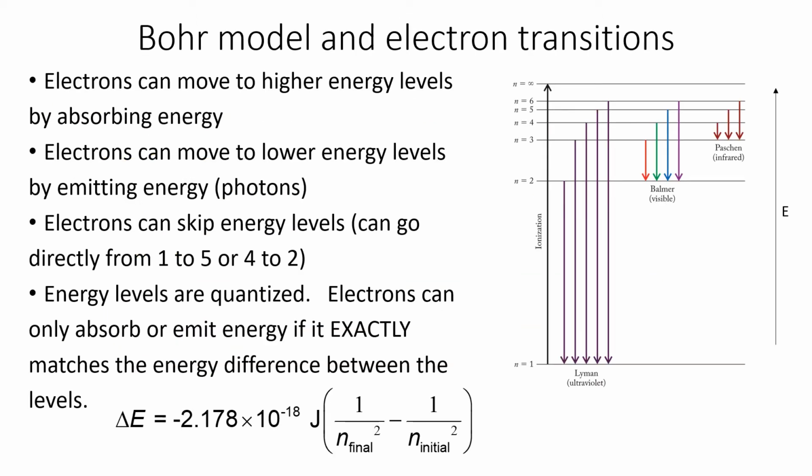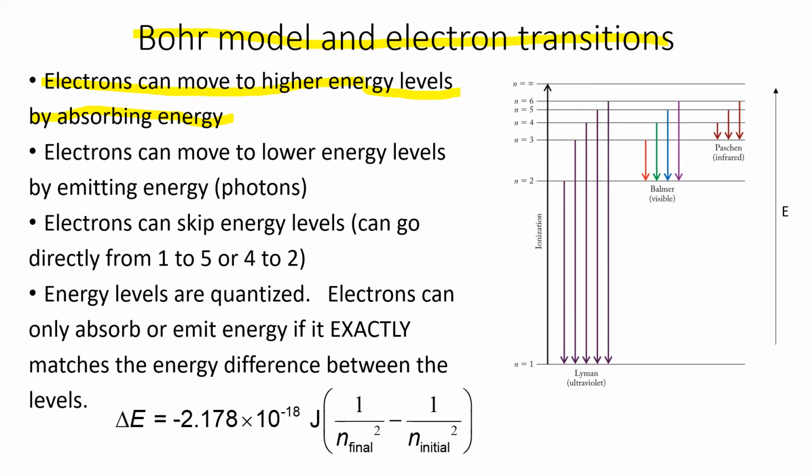So let's go ahead and talk about what the Bohr model really means. The Bohr model really deals with electron transitions. And what the Bohr model says, and I have a diagram here on the right that we're going to be looking at as well, is that an electron can move to higher energy levels by absorbing energy. And it makes sense. Things are naturally going to tend towards their lowest energy state.